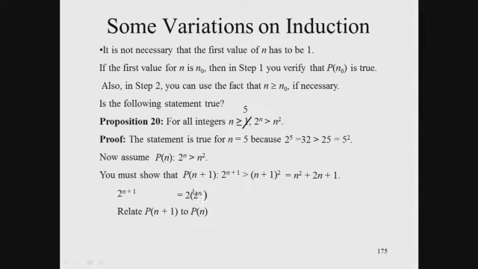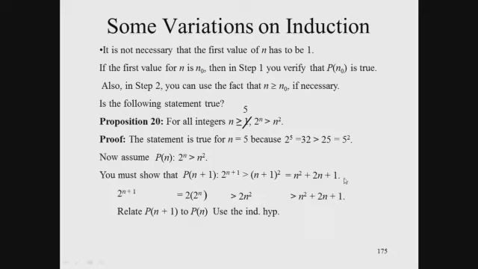And now you can use the induction hypothesis that 2 to the n is greater than n squared. So this becomes greater than 2 times n squared. 2 to the n is bigger than n squared, so 2 times 2 to the n is bigger than 2n squared. The rest of this proof involves showing that 2n squared is bigger than n squared plus 2n plus 1.